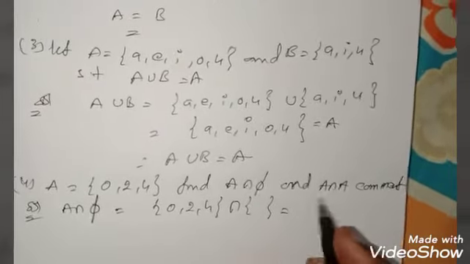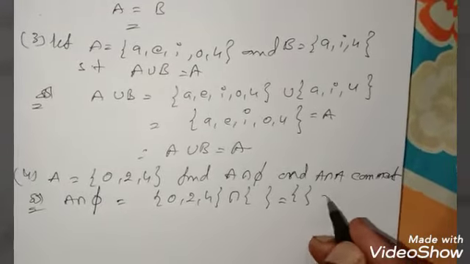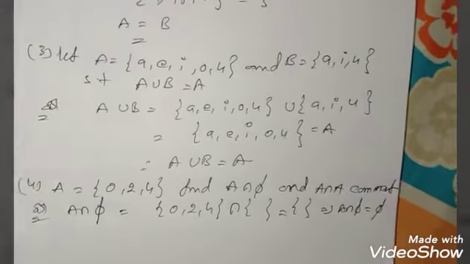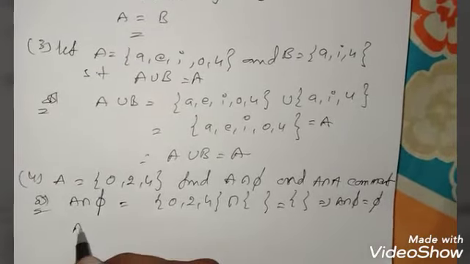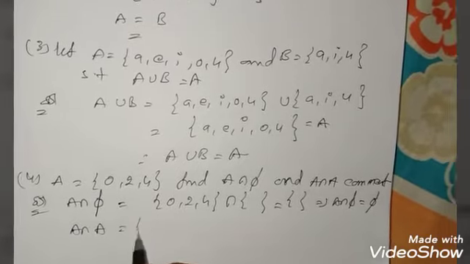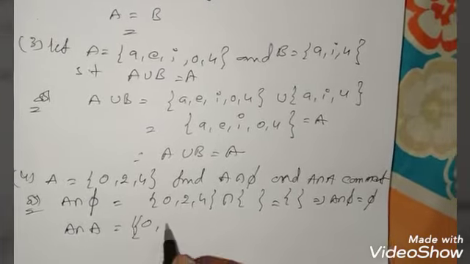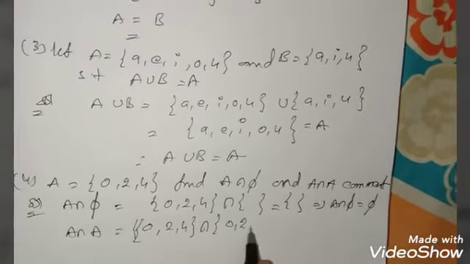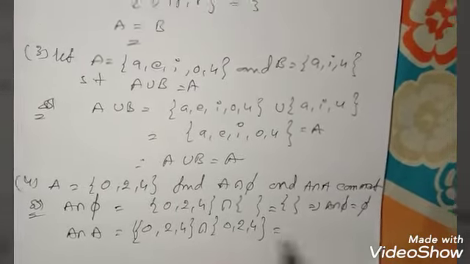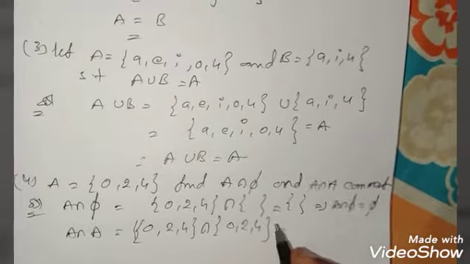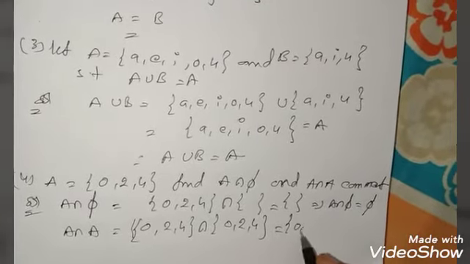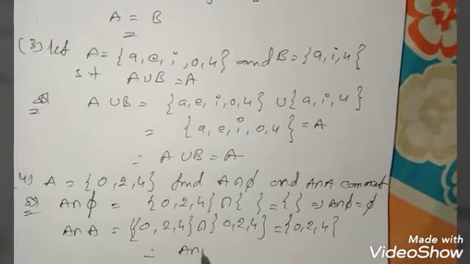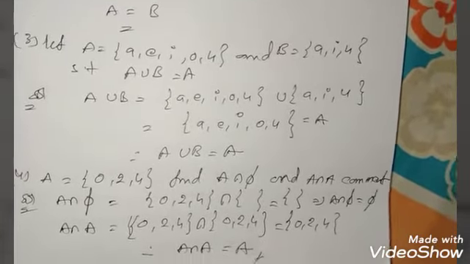If you don't have any elements, the answer is phi. So A intersection phi is equal to phi. Next, A intersection A is {0, 2, 4} intersection {0, 2, 4}. Intersection means the common values, so the answer is {0, 2, 4}. Therefore A intersection A is equal to A.